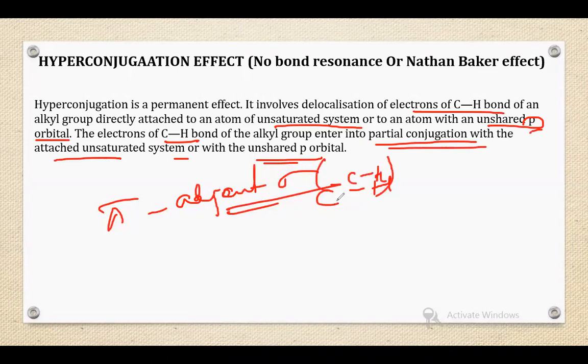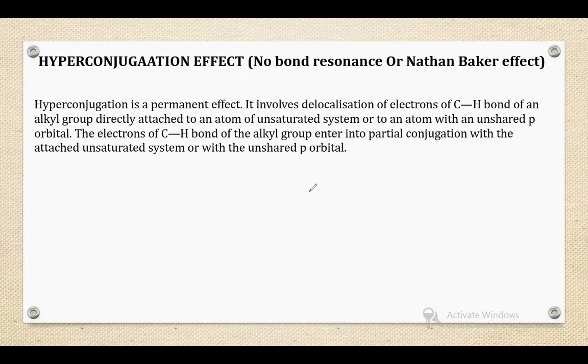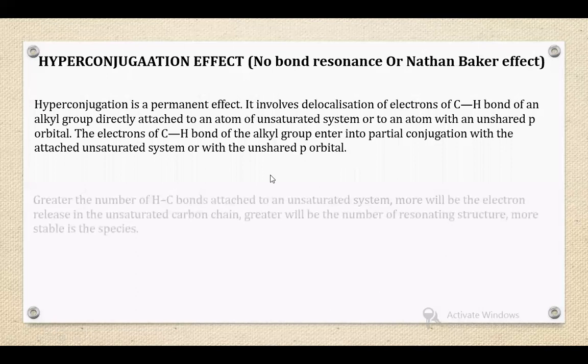And the interaction with the substituent group in an organic compound is called hyperconjugation. It is also called the Baker-Nathan rule because it was developed by Baker and Nathan, the names of the scientists. So we'll see an example and what it means.